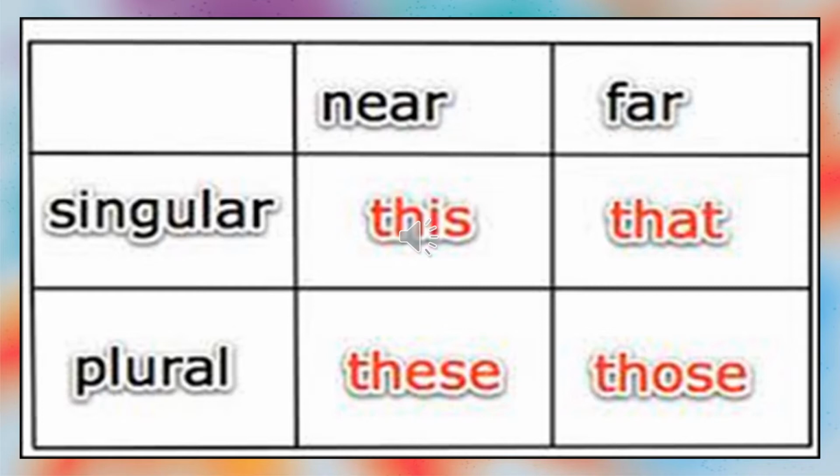This is the basic difference which we should always remember. For near we use this and these. For far away we use that and those. For singular we use this and that. For plural we use these and those.